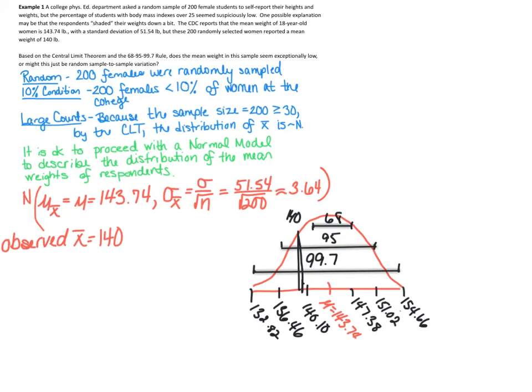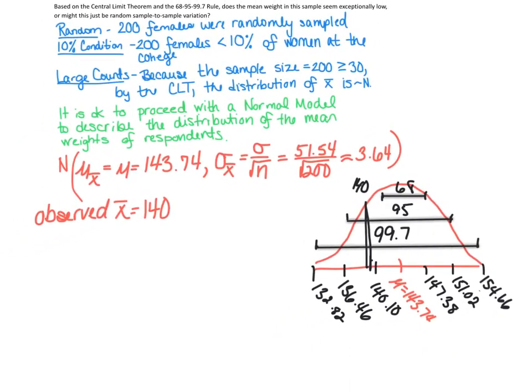Well, to really talk about it, I'm going to quickly find my z-score. So my z-score is equal to my observed mean minus the mean of the sampling distribution divided by the standard deviation of the sampling distribution.